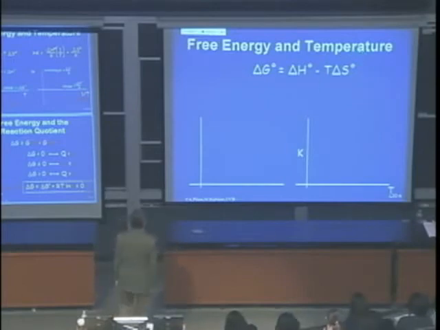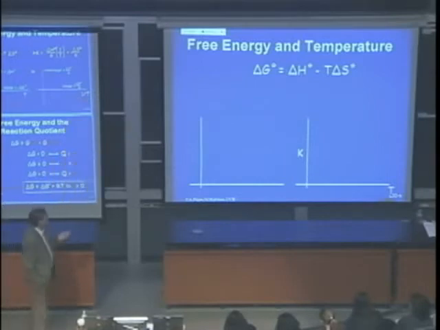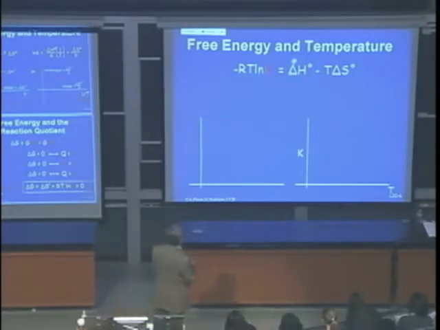But we also said here that delta G naught is minus RT ln K. So now we can connect K with delta H and delta S. Minus RT ln K is now delta H naught minus T times delta S naught.